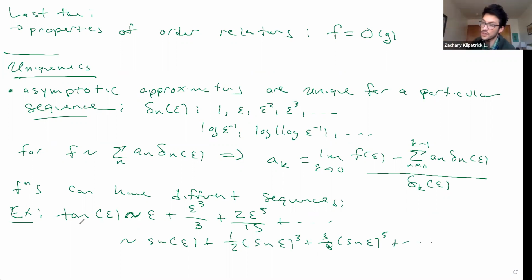You can imagine you could do this with a change of variables, where you made y equal sine of epsilon, rewrote this as a function of y, and then did the Taylor series.